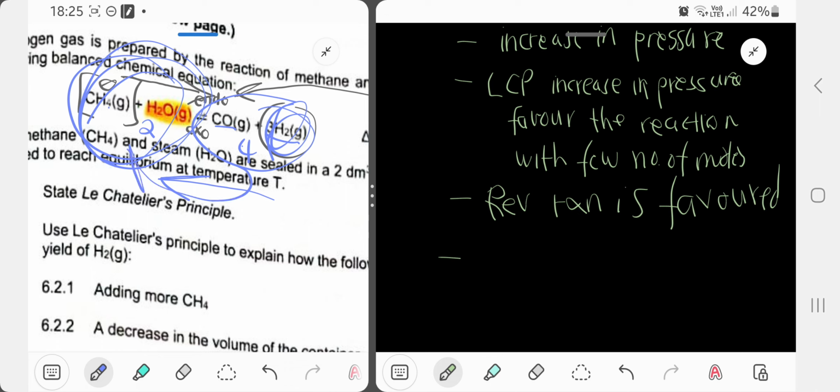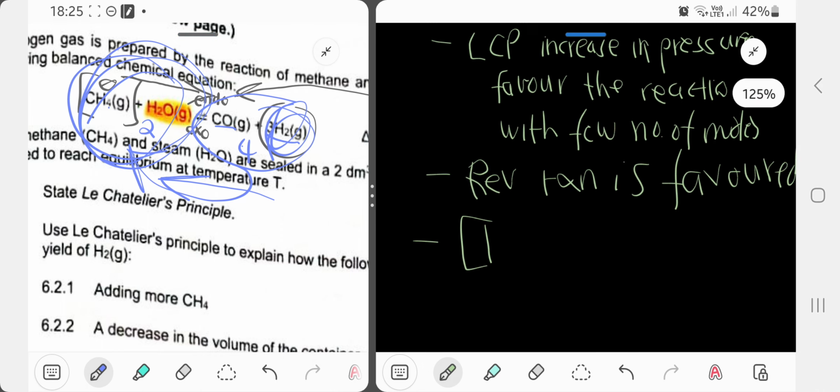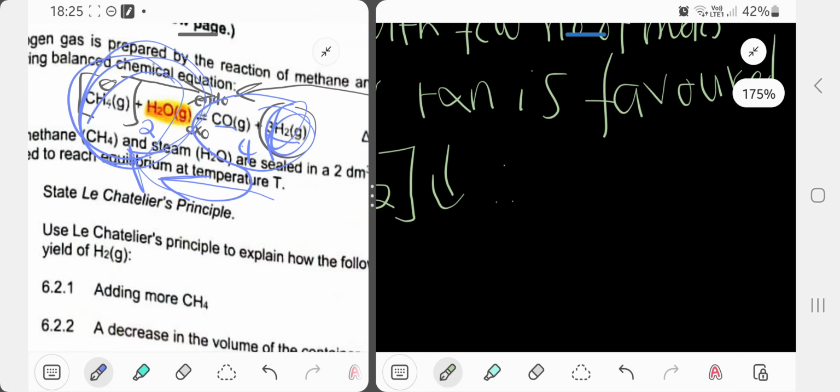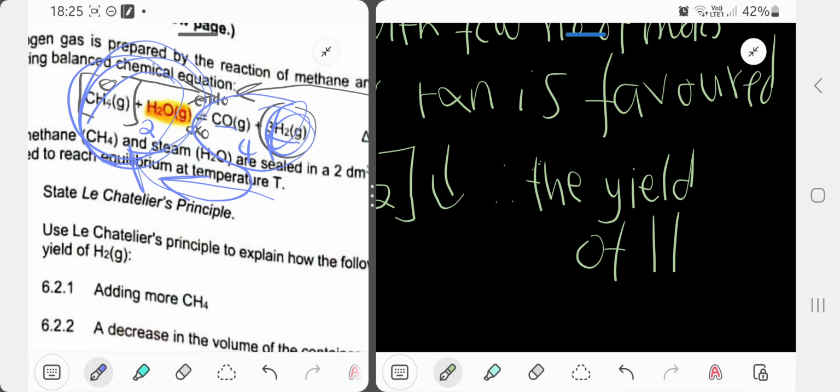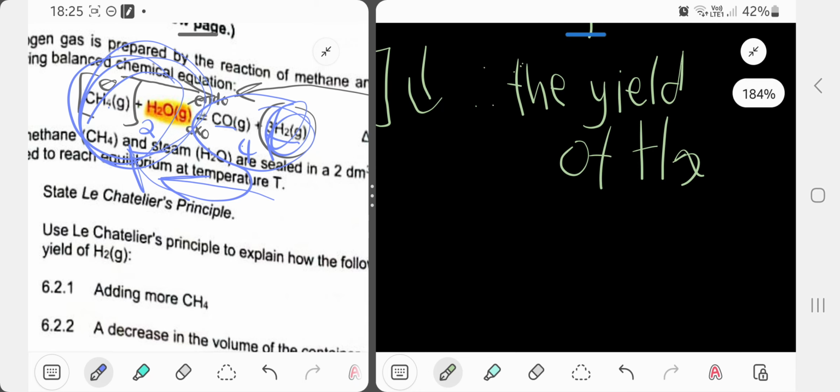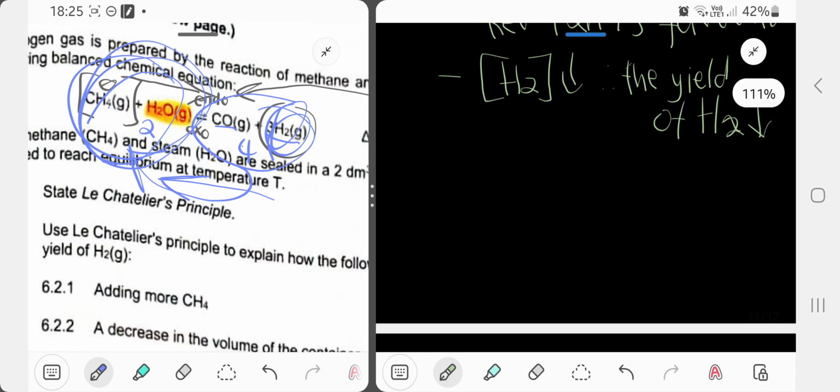And if we're creating reactants, remember this is a reversible reaction. The products can also create reactants, okay? So if we're creating reactants, it means the concentration of hydrogen gas will decrease. So you could also say that the yield of H2 decreases. And then let's move on.